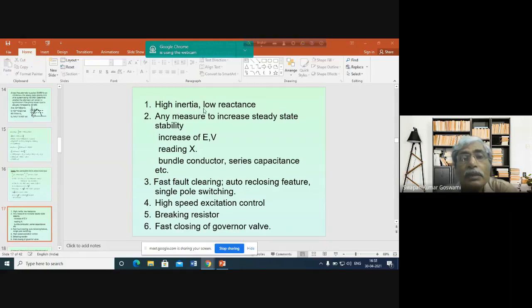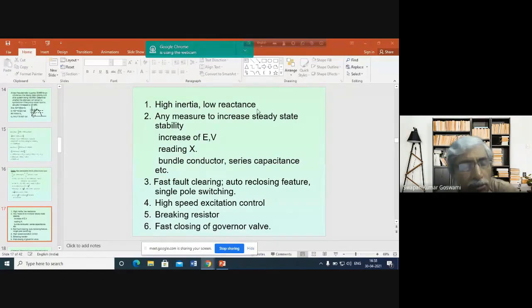Okay. Then low reluctance will increase the peak of the power angle curve. If the peak of the power angle curve is increased, for the same amount of power delivered by the generator, the initial operating angle, that means delta zero, will be smaller. If delta zero is small, then the machine will have a wide range of delta through which it can swing.